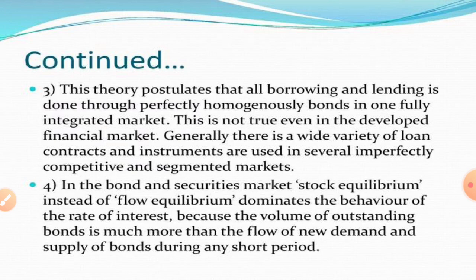Generally, there is a wide variety of loan, contract, and instruments used in the several imperfectly competitive and segmented markets. And fourth, in the bond and securities market, stock equilibrium instead of flow equilibrium dominates the behavior of the rate of interest because the volume of outstanding bonds is much more than the flow of new demand and supply of bonds during the short period.